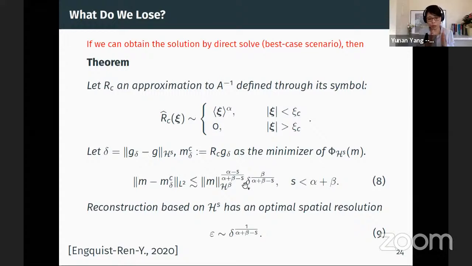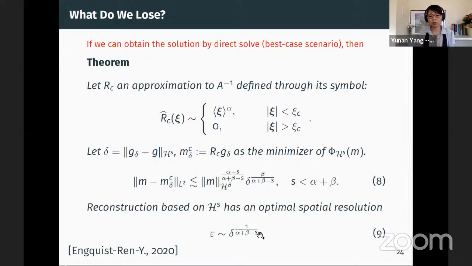Assume that we do not have any choice for alpha and beta, which are already physically constrained. Then what we can choose freely is the choice of s. So here we have a resolution analysis to see how the resolution depends on my choice of s. We prove that epsilon is proportional to delta to the power of 1 over (alpha plus beta minus s). Again, this is up to a constant.